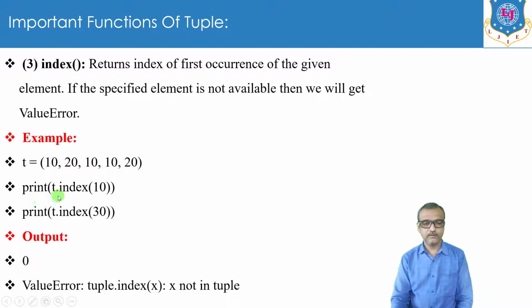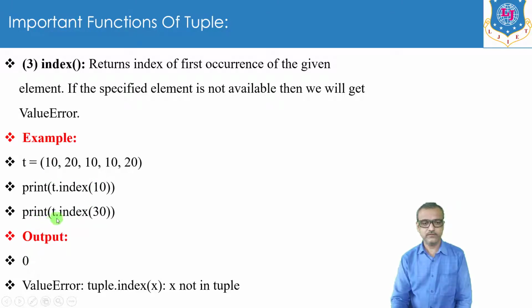Now print of T dot index of 10. So what will be the output in this case? It will give us the index of the element 10 present in the tuple, and it will give us its first occurrence. Just keep in mind, here we have element 10 3 times. So this element is present at index number 0. So the output of this print statement is 0.